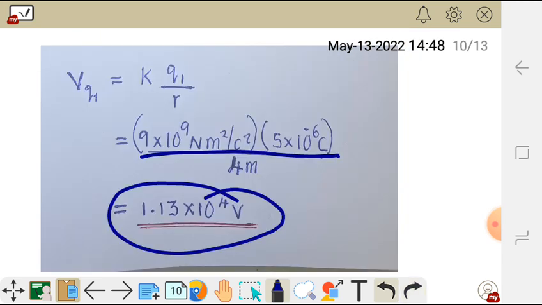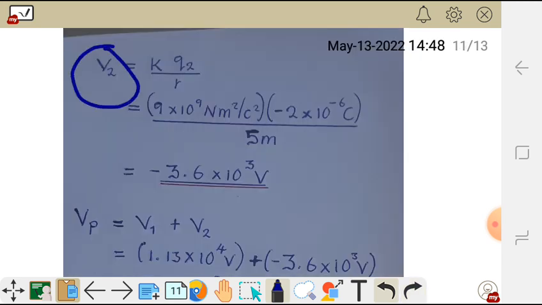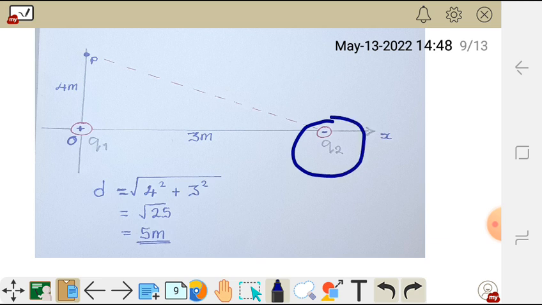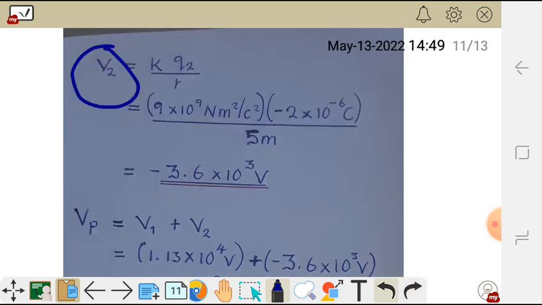And then from there, we need to find the V2, which is for Q2. So V2, again, we use the same formula, which is V equals k Q2 over r, where the distance is 5 meters. And then k is the Coulomb's constant, which is 9 by 10 to the power 9.